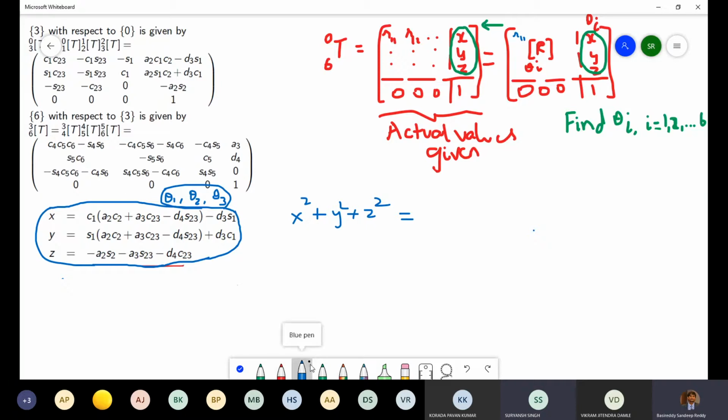Yeah, so just tell me again: d3 square plus d4 square, plus a2 square plus a3 square, plus 2 a2 a3 into cos theta 3, c3. Yeah. Okay.